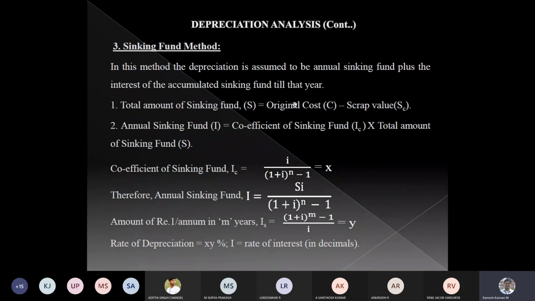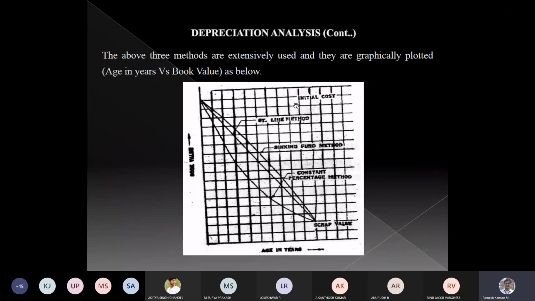Before we get into the sinking fund method, let's take a look at the different methodologies in graphical form, and this is a typical example. The straight line method will give this book value versus the year 0 to n. Initially it gives the original cost, and it goes on and on, and finally it ends up with the scrap value.